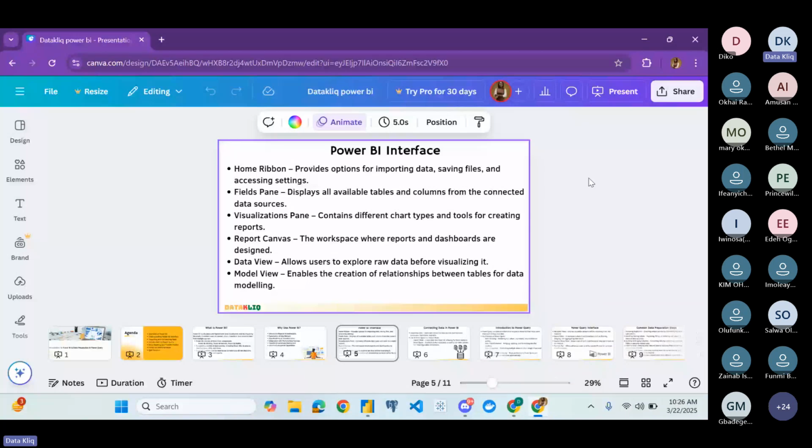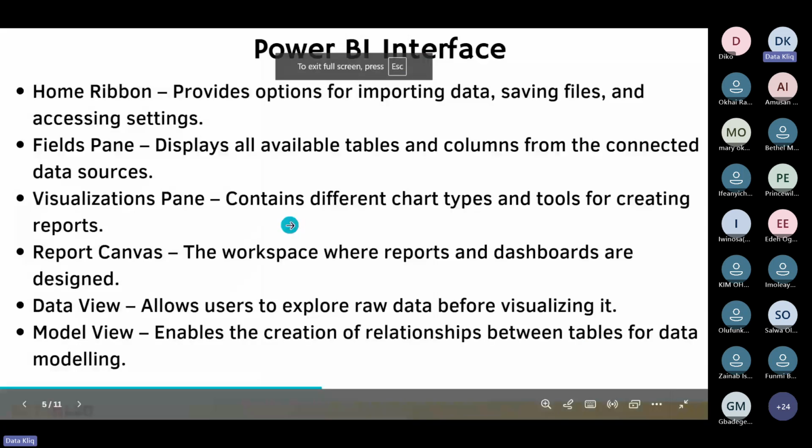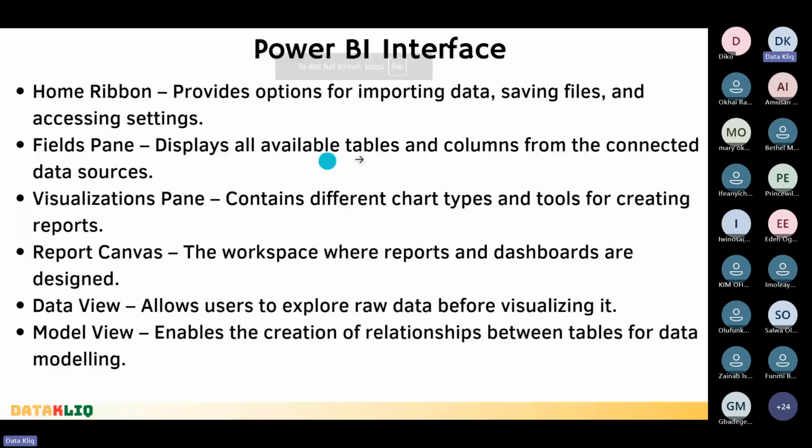Let me also present again. So we also have field panes. It displays all available tables and columns from the connected data source. Let me just read through this, then we'll go see everything again. We have the visualization pane, just like what I just showed you, but there's still another pane again where you can see that. It contains different chart types and tools for creating reports.